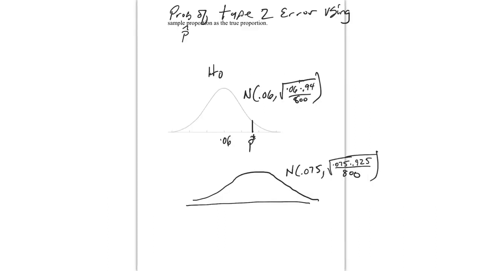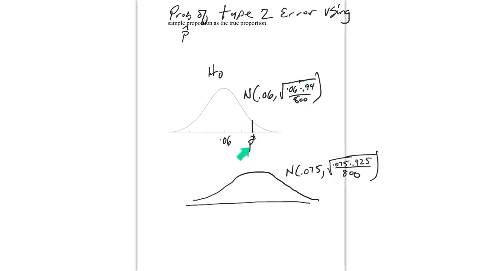Okay, so now this problem asks you to calculate the probability of a type 2 error using the sample proportion as the true proportion. So we are using H naught, and our H naught is P equals 0.06. Then we have a normal distribution that we're going to do our analysis on, a curve that has this P and this standard deviation.